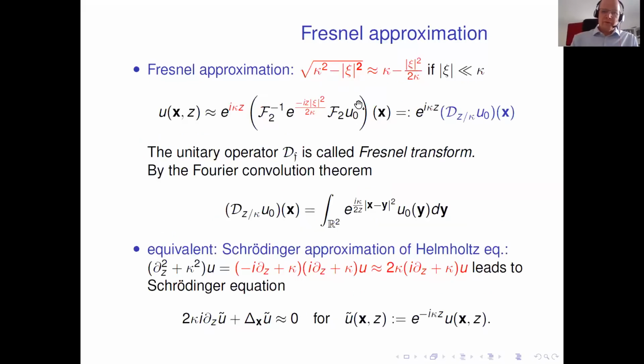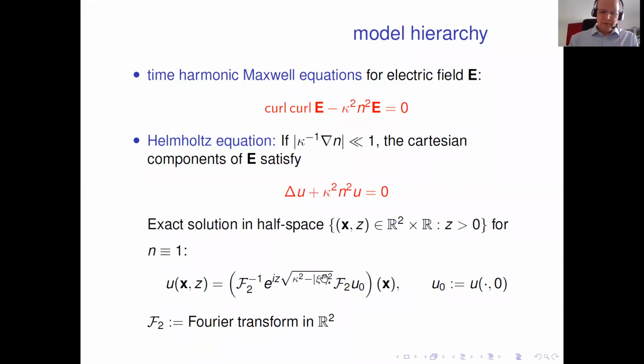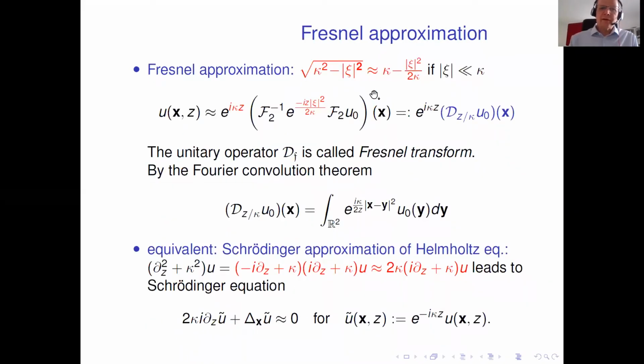Okay, now you can do some further simplifications. So you have this square root here in the exponent, and under the assumption that psi, so the spatial frequencies of the medium that you want to image, are much smaller than the wavelengths, which is an assumption that's also very well satisfied, you can do a Taylor expansion of the square root here, and then you get this model to describe wave propagation, which is called the Fresnel transform.